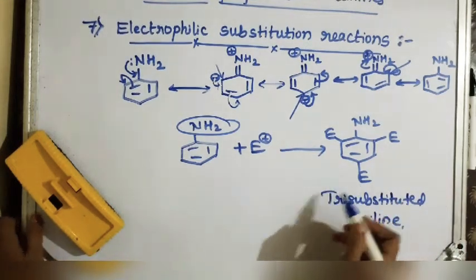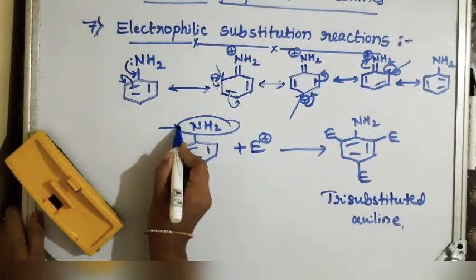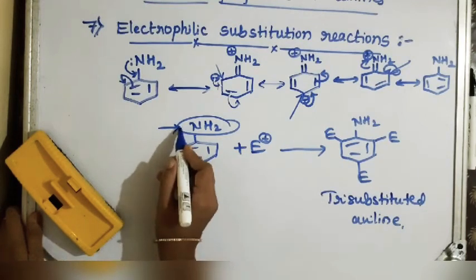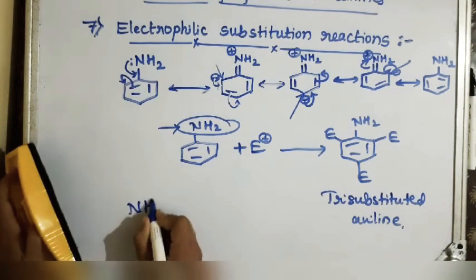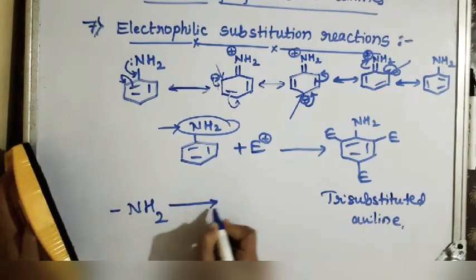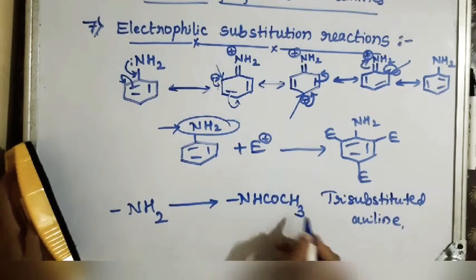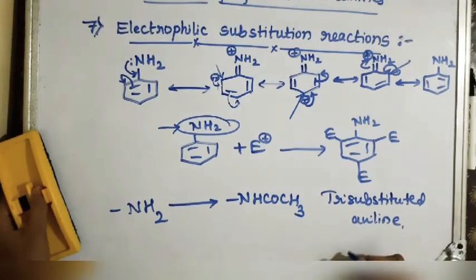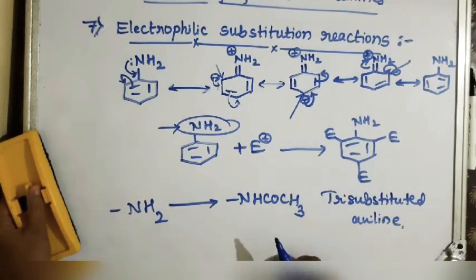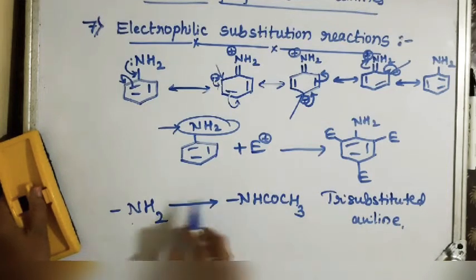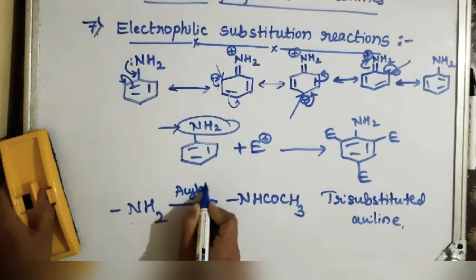To get the single substituted aniline, we have to reduce the activity of the NH2 group by modifying it, and that modification is done by converting the NH2 group into NHCOCH3 group, which is also ortho-para directing, but comparatively the activity is less than that of the NH2 group. This modification is done by the acylation of the NH2 group.